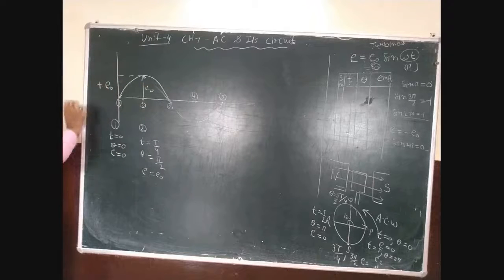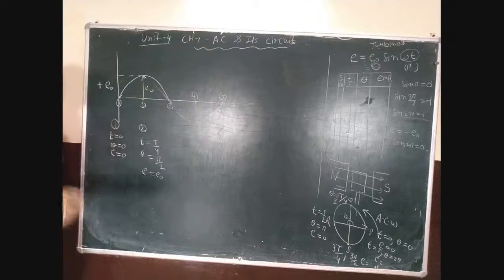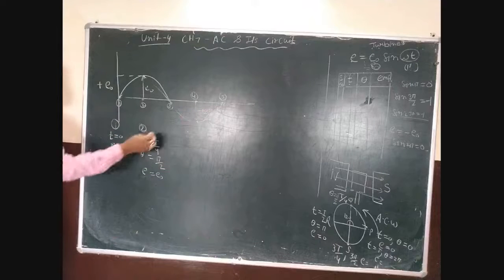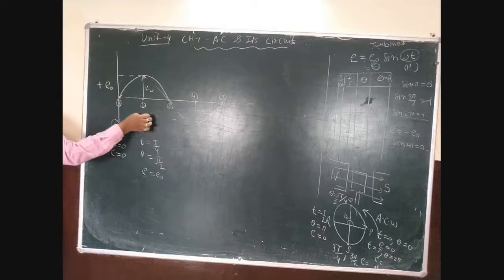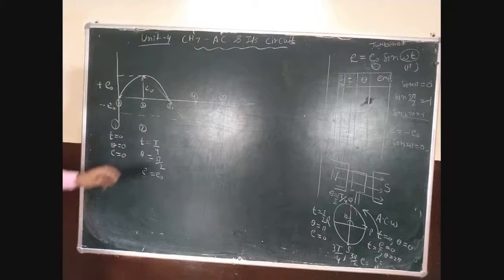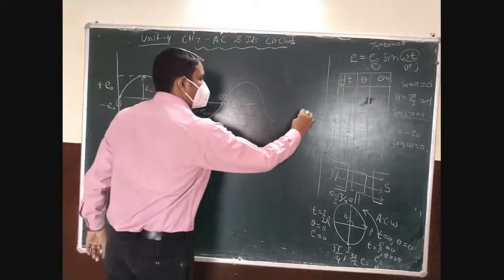It is positive, and this is the minimum value or the maximum negative value of this induced EMF, that is minus E naught, and this process is continuous in the same manner.